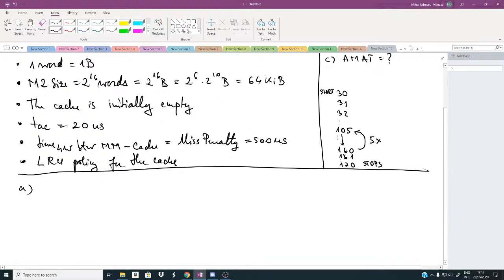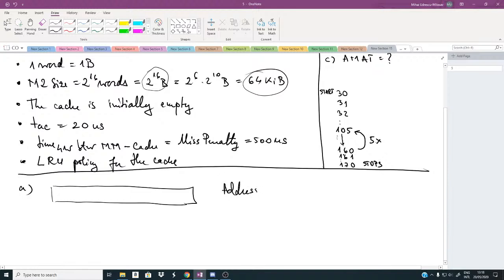We know that the total memory size is 64 kilobytes. It means that we have to have 2 to the power of 16 distinct addresses, which means that the address word is on 16 bits. Obviously, we don't have a byte offset. Why?